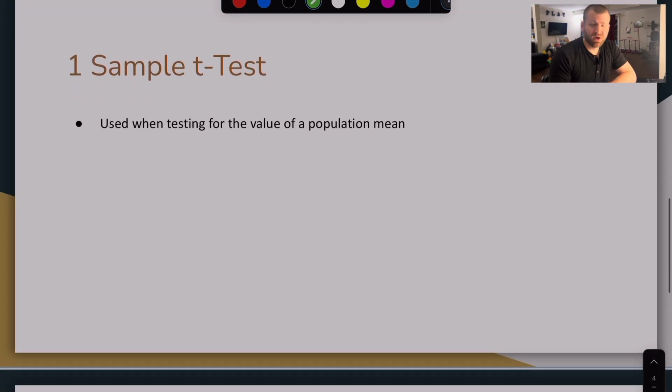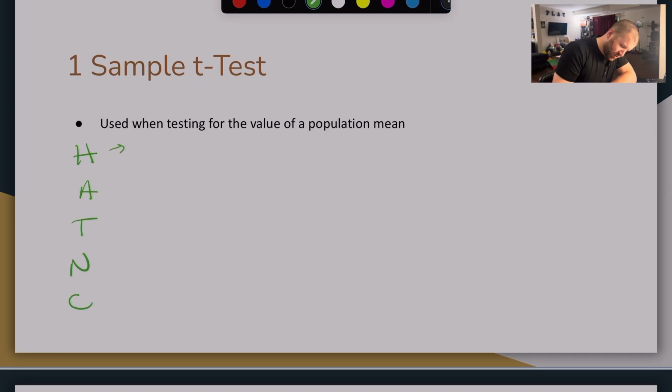And so when we talk about our acronym for hypothesis testing, that is our HAT North Carolina. For my hypotheses, my null hypothesis is that mu is just going to be equal to some number. Whatever that number is comes from the problem. My alternative, I still have the same three options: less than, greater than, or not equal to.